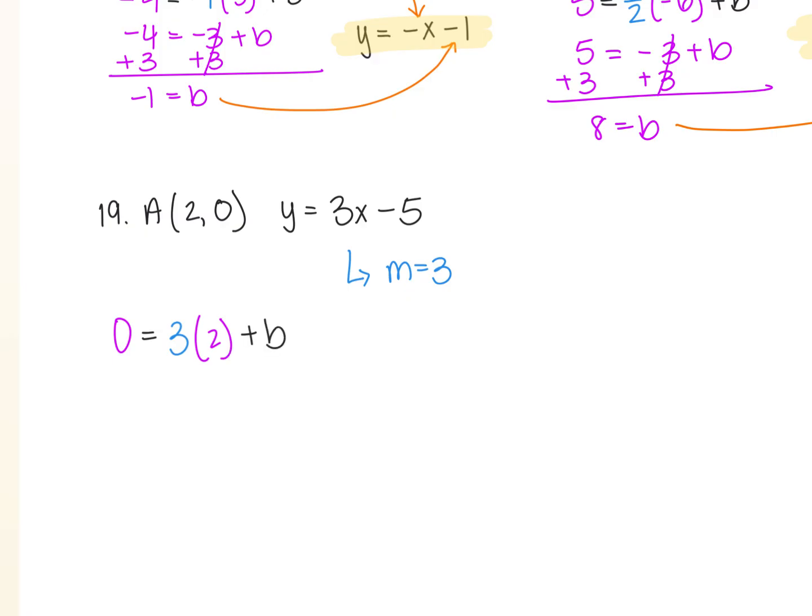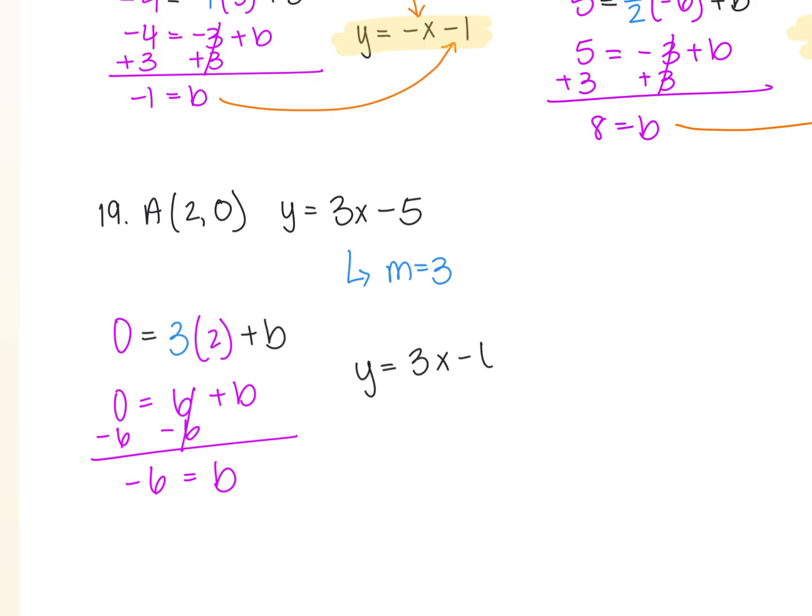Again, I'm still solving for my b. 0 equals 6 plus b. Subtract 6 from both sides. Negative 6 equals b, so my equation is going to be y equals 3x minus 6. Again, where am I getting this information from? That's my new slope. That's my new y-intercept.